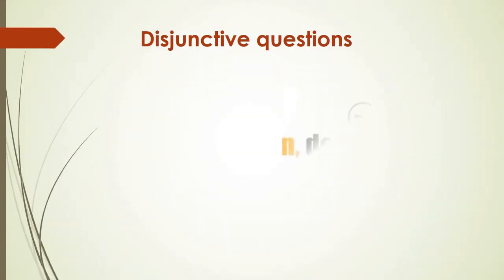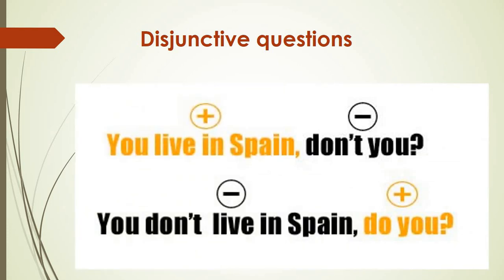Disjunctive questions. In setting such an interrogative sentence in the English language, a person tries to express doubt, surprise, or confirmation. This question consists of two parts.